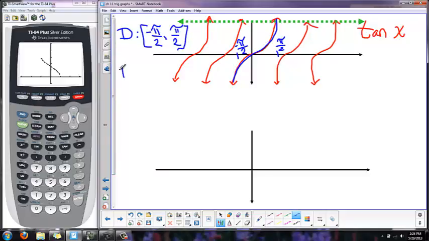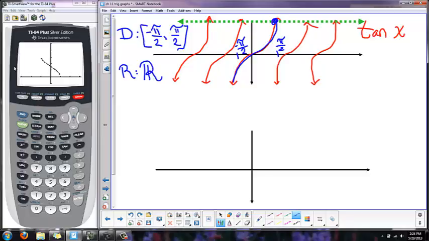And my range, in this case, because tangent extends on forever in the positive and negative direction on the y-axis, is actually all real numbers. Okay? So if I'm only taking that section, then that clearly passes the horizontal line test.